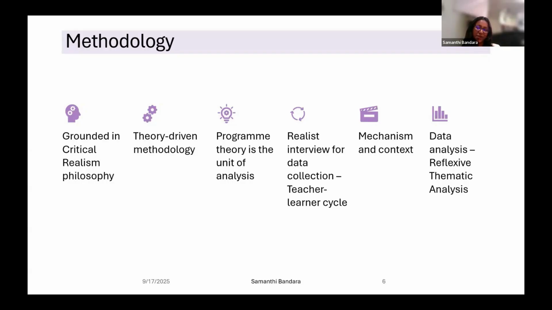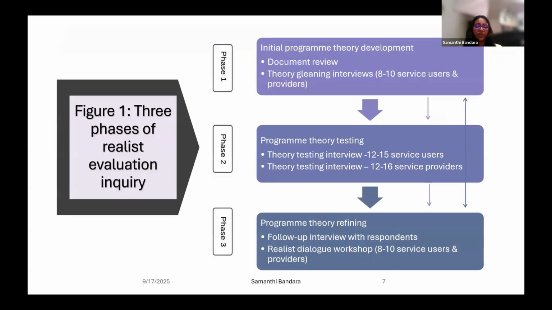Data analysis is done using Braun and Clarke's reflexive thematic analysis. Importantly, this methodology generates actionable knowledge that decision makers can use. Another important point I wanted to highlight is that realist evaluation is also ideal for analyzing complex and highly diverse social programs like health and disability.